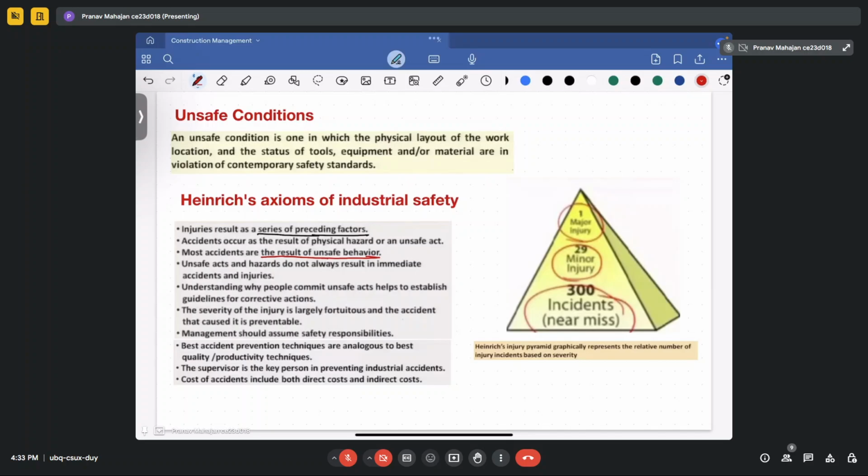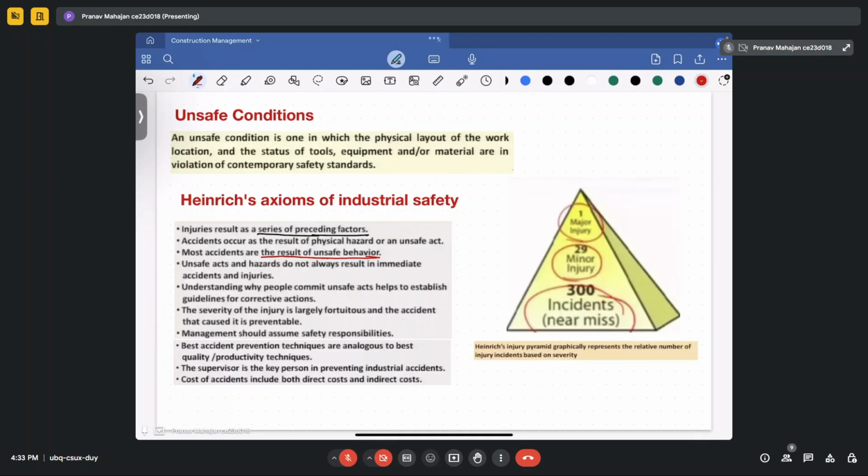You can also see from the figure that there is a Heinrich injury pyramid, which graphically represents the relative number of injuries based upon severity. There are 300 incidents in which near misses happen. Like when we are driving on a road, almost every day a person has a near miss of having an accident.